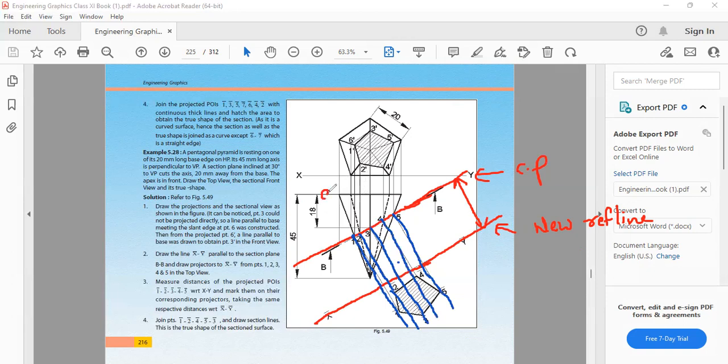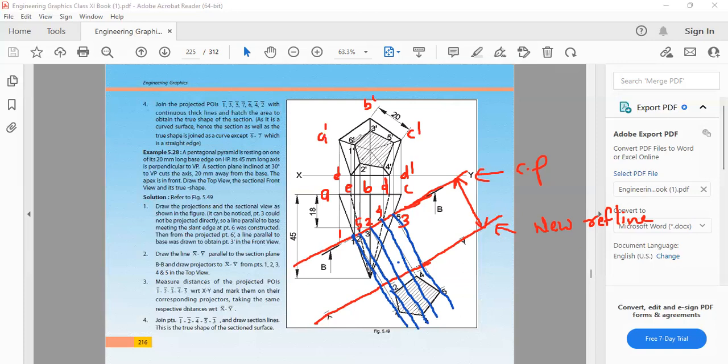I will name once again A dash, B dash, C dash, D dash, E dash. So this is A, E, B, D, and C. So this is 1, 2, 3, 4, 5.